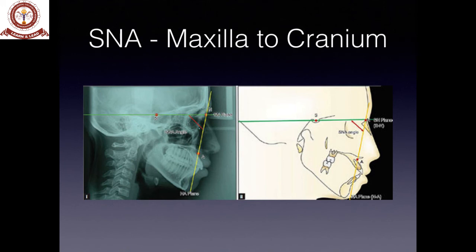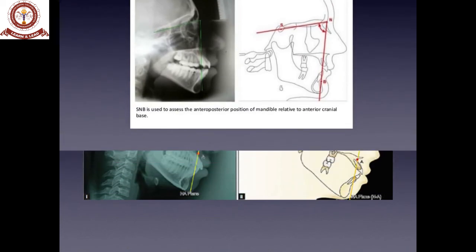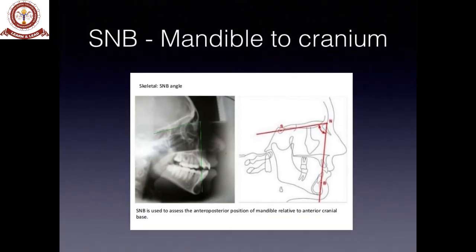So that is point A. So why is SNA plotted? SNA gives the angulation of the maxilla to the cranial base. Similarly, for the mandible, we have something called SNB. It gives the angulation or position of the mandible in relation to the cranial base.